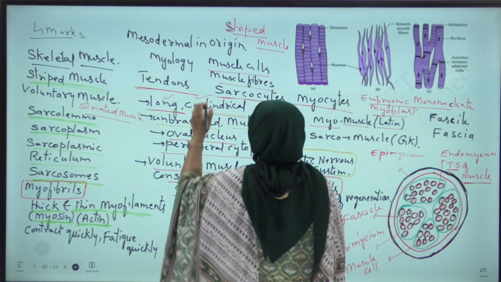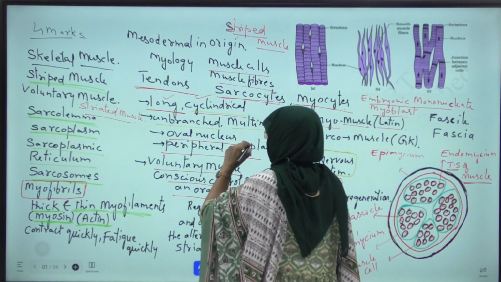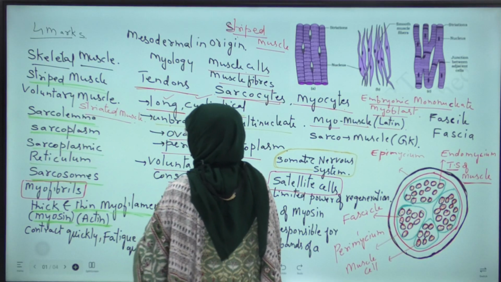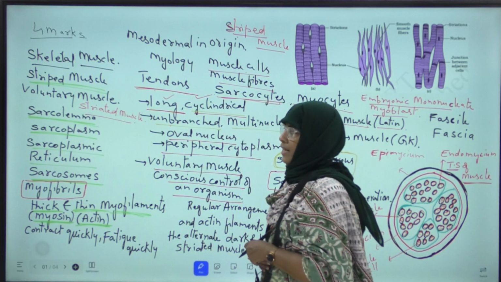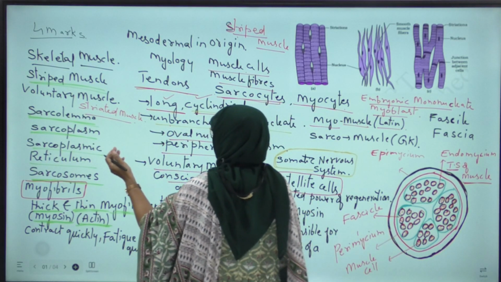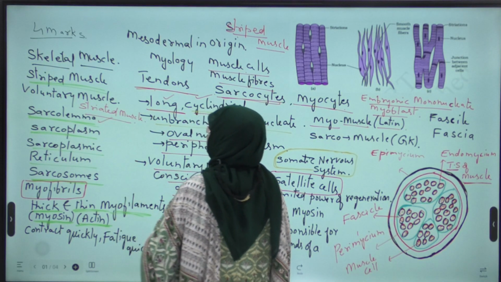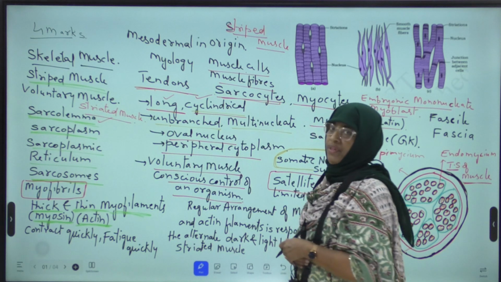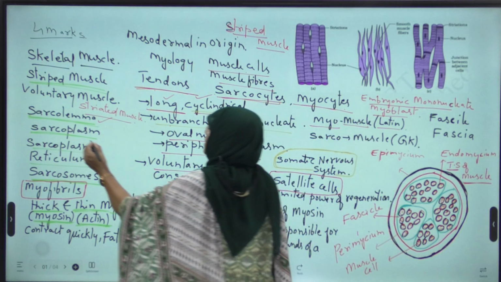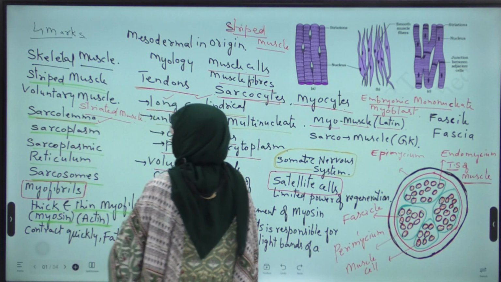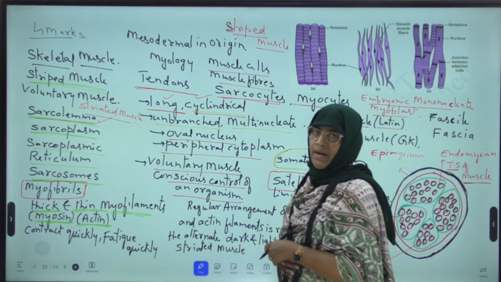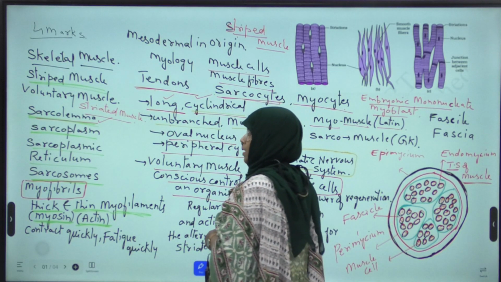Now listen, this muscle cell or muscle fiber is covered by a protective membrane. It is called sarcolemma. What is sarcolemma? The plasma membrane of the muscle cell is called sarcolemma.